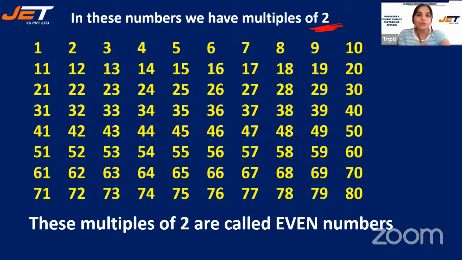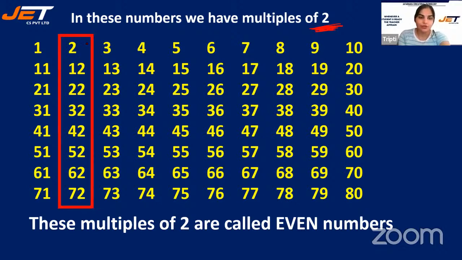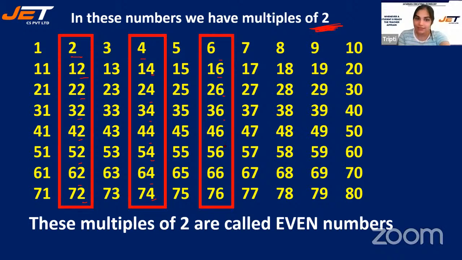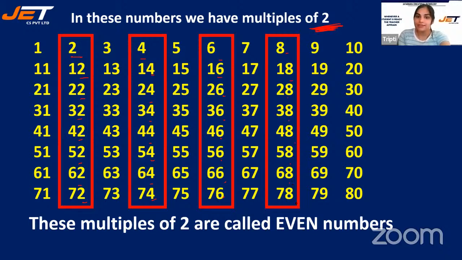The thing that I told you: multiples of 2, the numbers that come in the times table of 2, are called even numbers. Like you can see here, numbers ending with 2, or they end with 4, or they end with 6, 8, then 0.